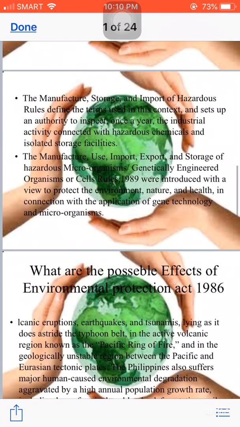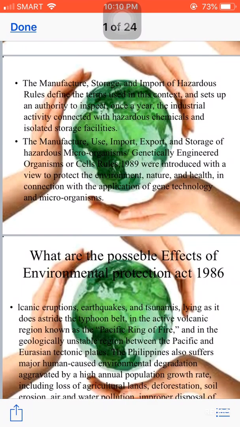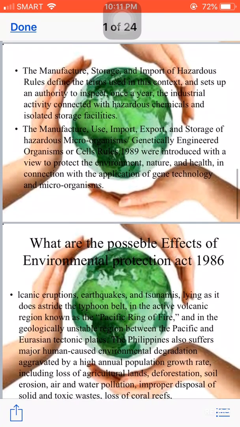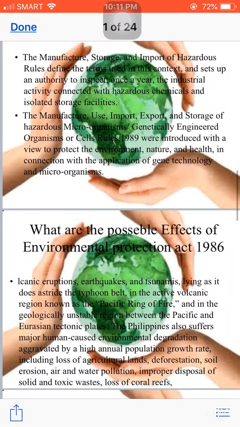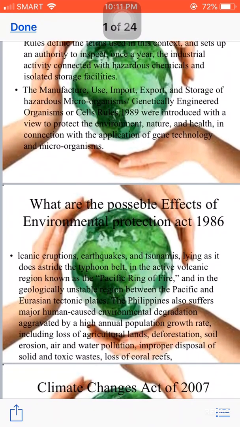The Manufacture, Storage, and Import of Hazardous Chemical Rules define the terms used in the context and set up the authority to inspect once a year the industrial activity connected with hazardous chemicals and isolated storage facilities.